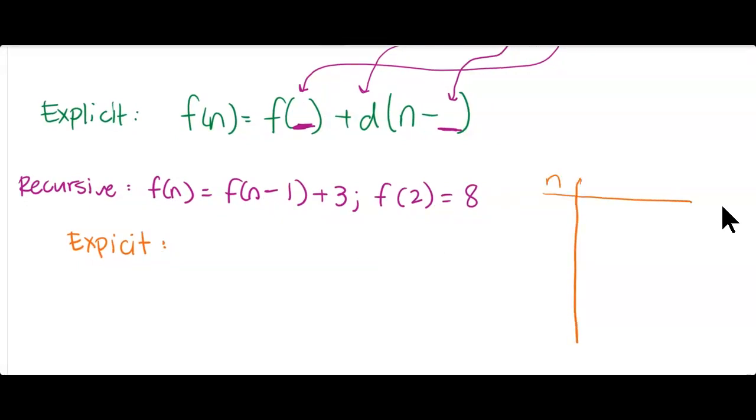Our n value, we're starting with 2. So n is 2, and we have 8. Then I'm going to use my common difference to get my third term, which is 11. And then get my fourth term by adding another 3 to get 14.